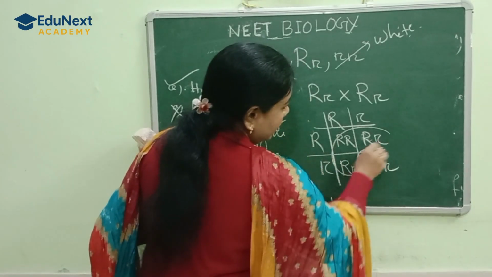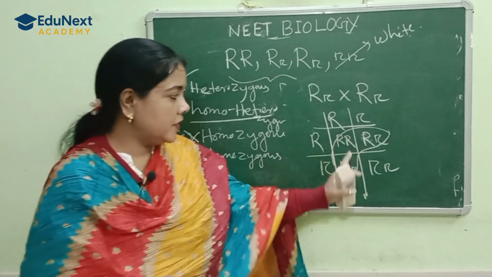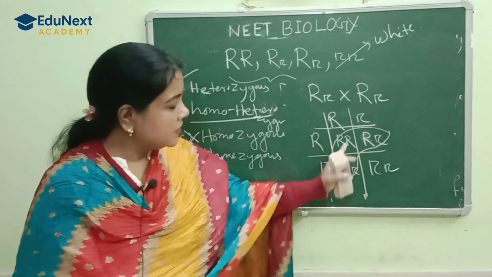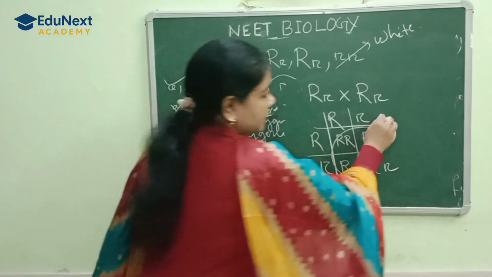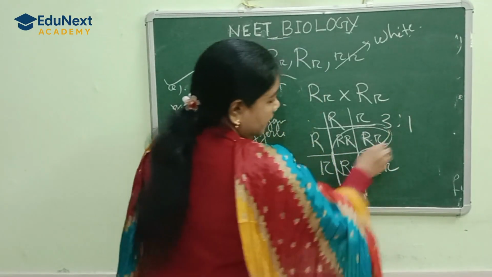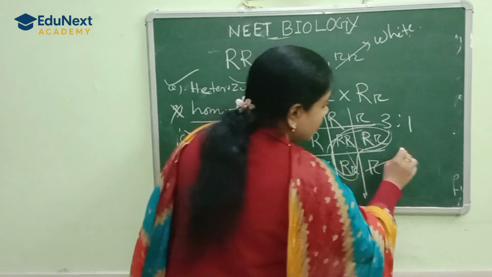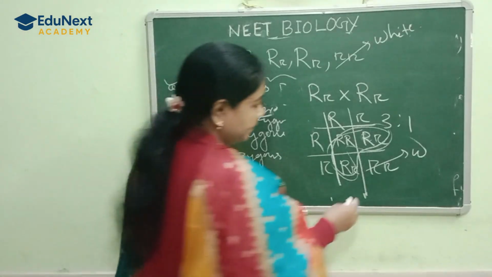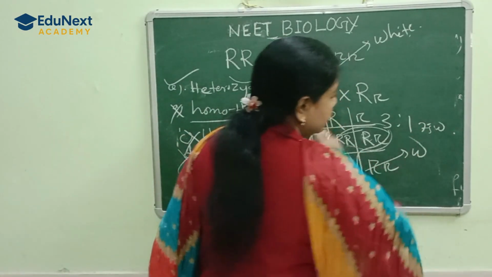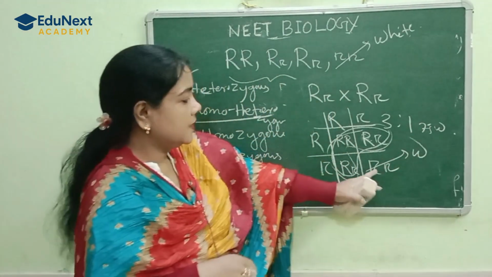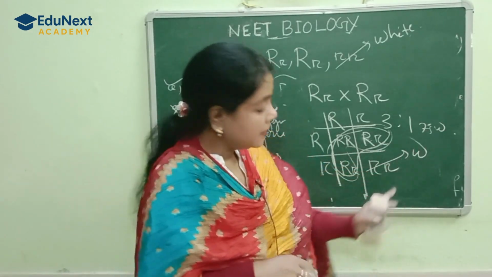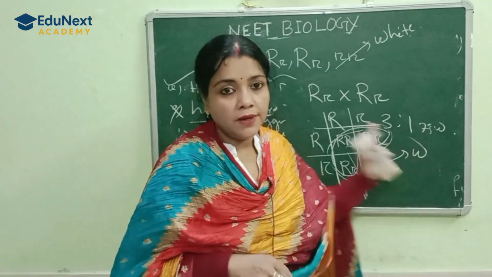Now you see, you are getting 3 red flowers and 1 white flower, a 3:1 ratio, which satisfies our question. That means 75% of flowers are red and 25% of flowers are white.